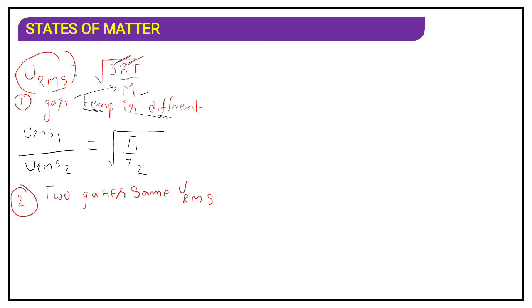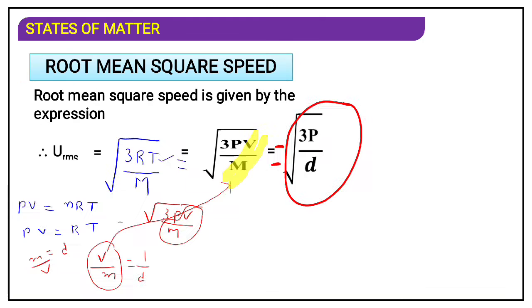Once again I will take: URMS is equal to root 3RT divided by M.